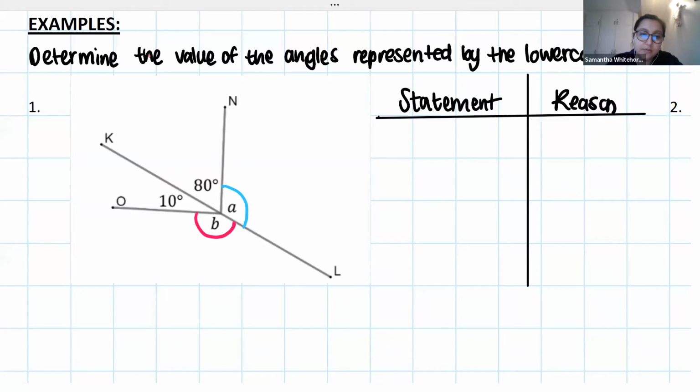You don't have to go alphabetical. You can start with B if you want. I don't particularly mind. Sometimes it's useful to go alphabetically, sometimes it's not. It's completely up to you. As long as you get both answers, I'm happy.